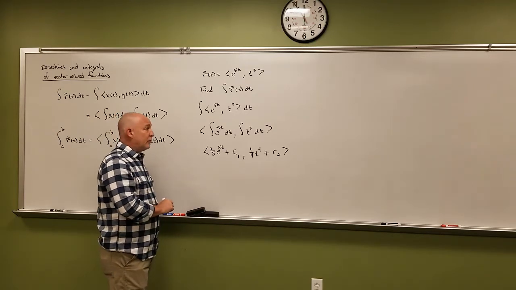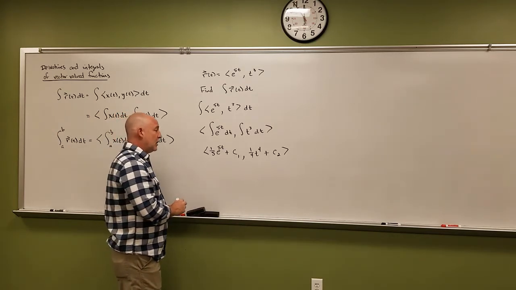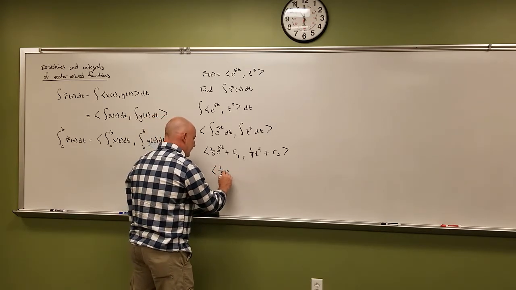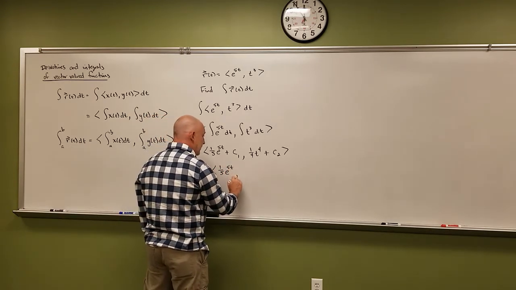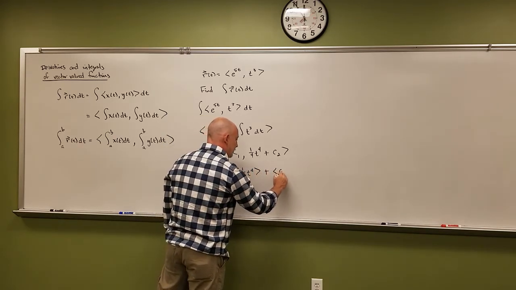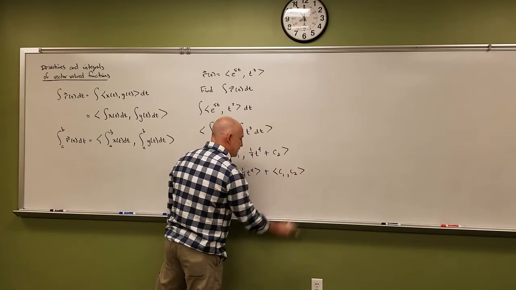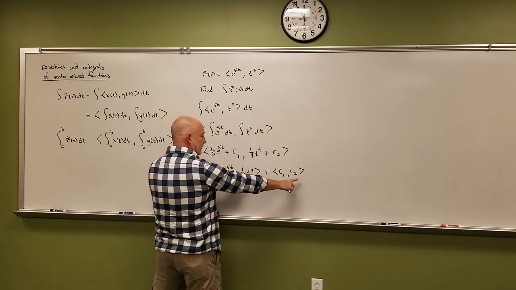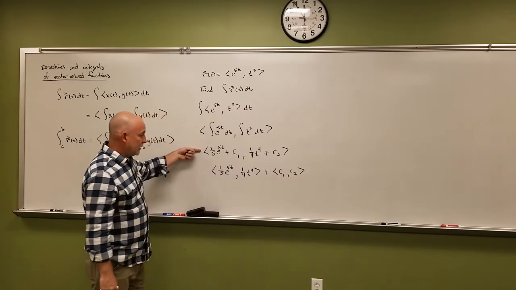However, you could represent it slightly differently. Because of the way that we add vectors, I could write this as 1/5 e to the 5t, comma, 1/4 t to the 4th, plus the vector c1, c2, because you just add the x components and the y components together.